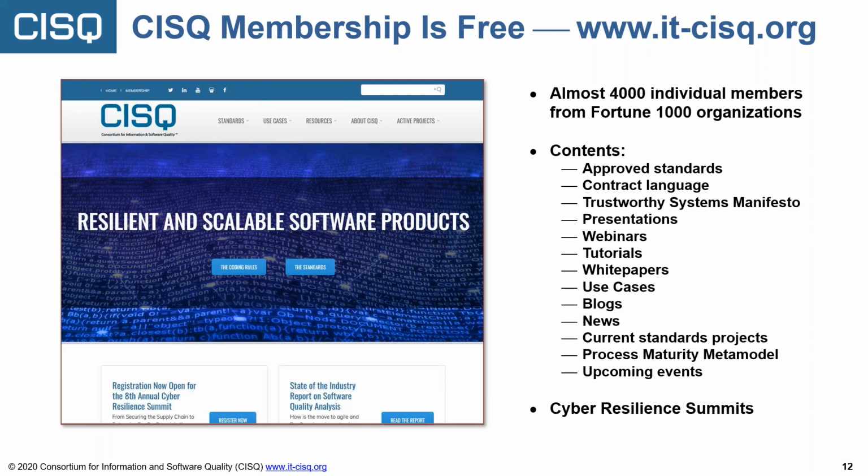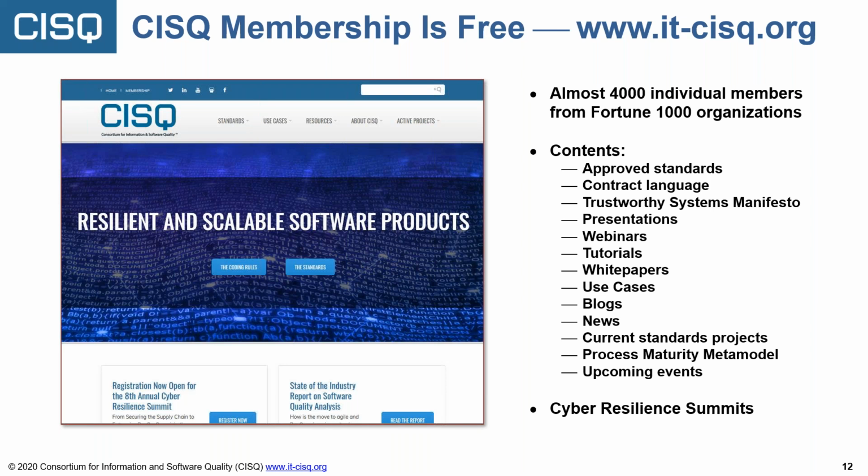There's a Trustworthy Systems Manifesto that lists 5 areas that we feel are critical for an executive to know that the software that's running their business is trustworthy, that they can depend on it. These are process issues and product issues that need to be accounted for in the way software is built and deployed, in order to know that your business is not at risk from the software in your applications.